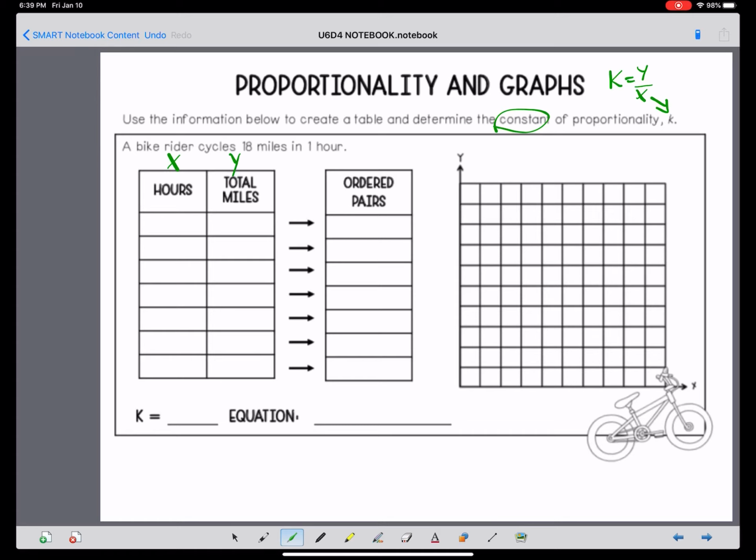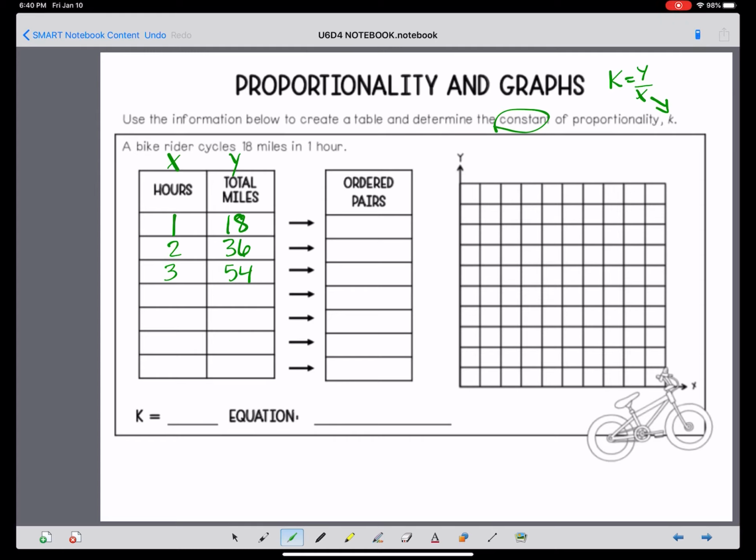So it says right here, a bike rider cycles 18 miles in 1 hour. So how many miles would they bike in 2 hours? Let's go ahead and fill that out. And then in 3 hours. The pattern right here is that he's just biking 18 miles more each hour.